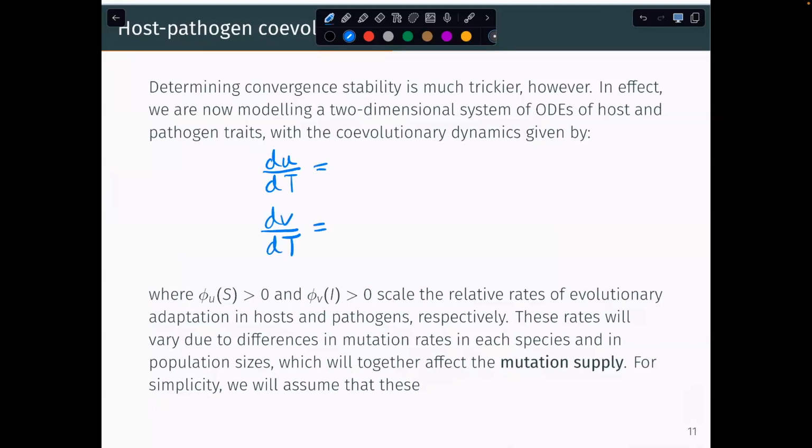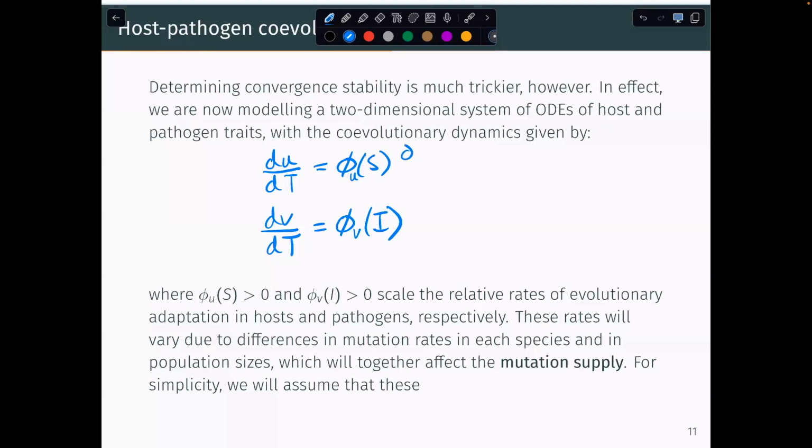So what does this system look like? Well, we have some functions that describe our mutation rates for our host and pathogen populations. I call these phi of u, which is a function of perhaps the host population density. Likewise, our mutation supply for our pathogen population is a function of the number of infected hosts.